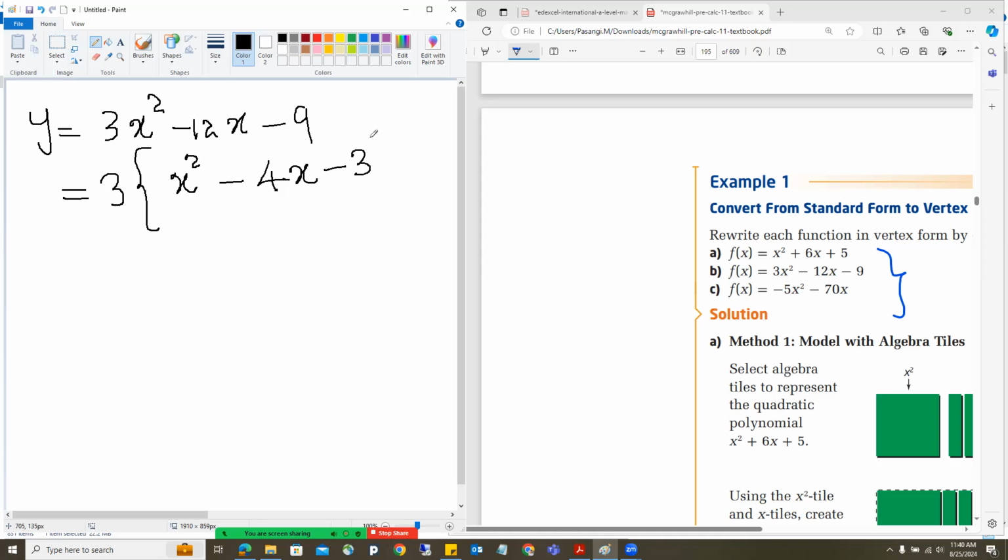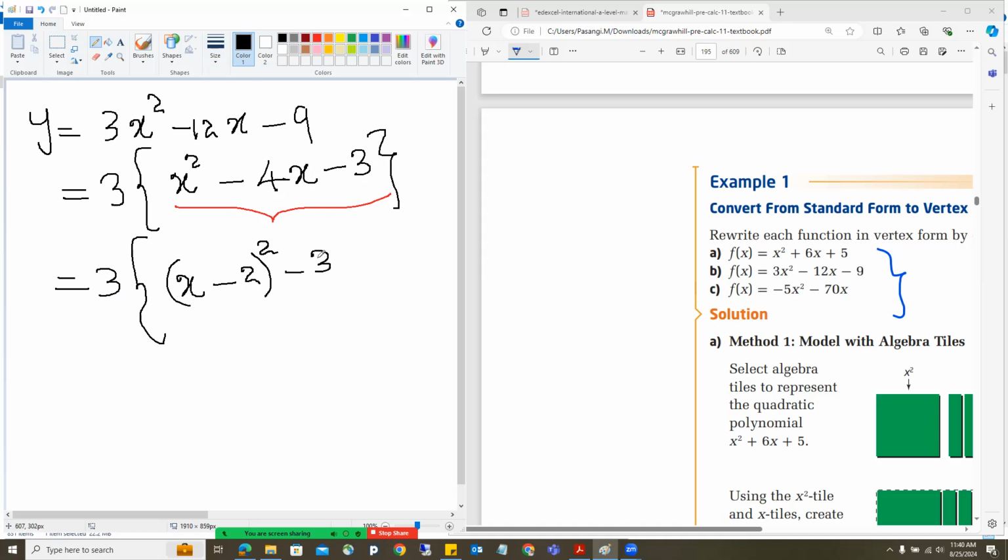Is it what you told? So then what you need to do now is complete the square. Here 3 will remain, and then x minus half of this 4, that is 2, squared. Here we have minus 3.